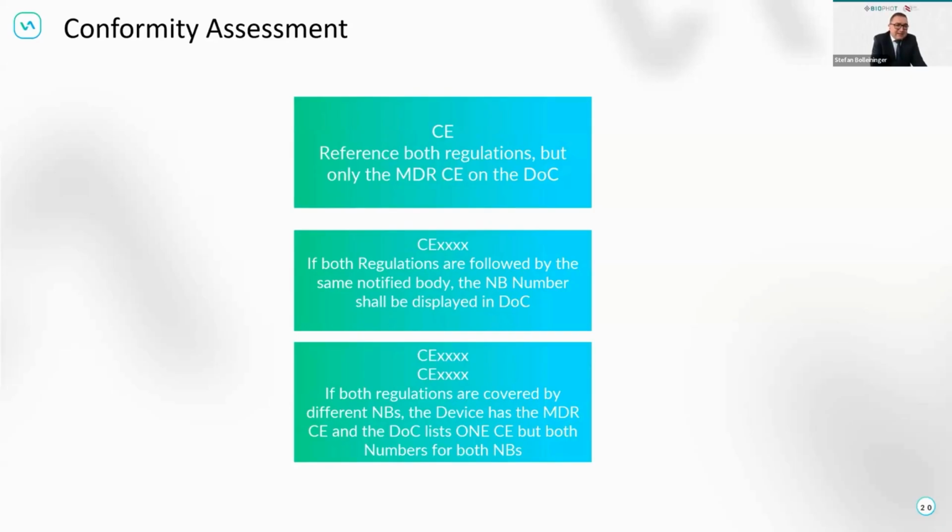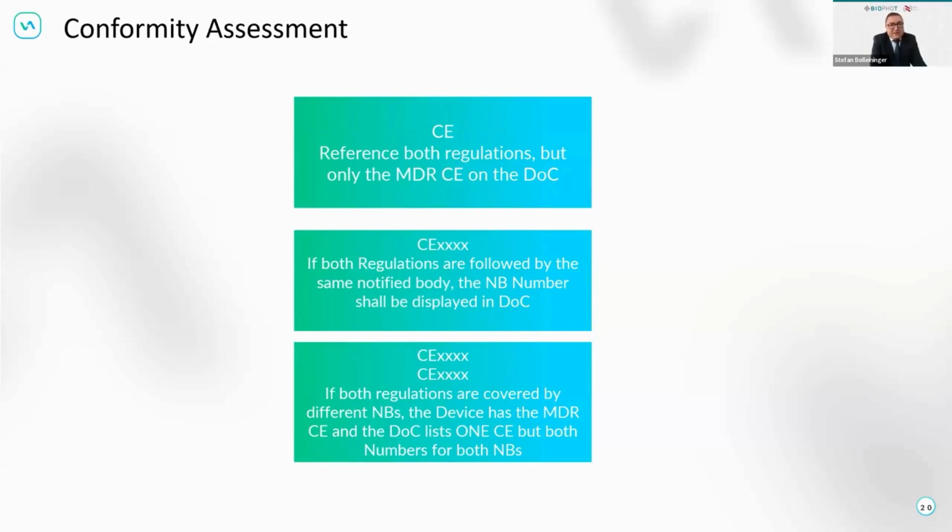In most cases, one of the regulations will have a notified body and the other one not. So with a Class 1 medical device and a high-risk AI system, the notified body which has the conformity assessment for the AI, for instance, will then be applied.